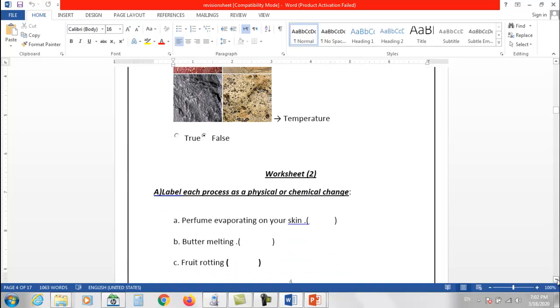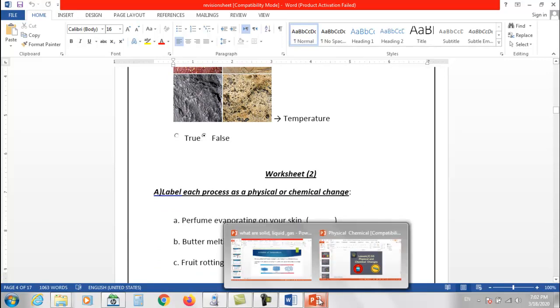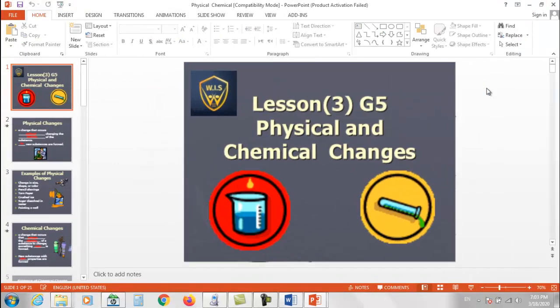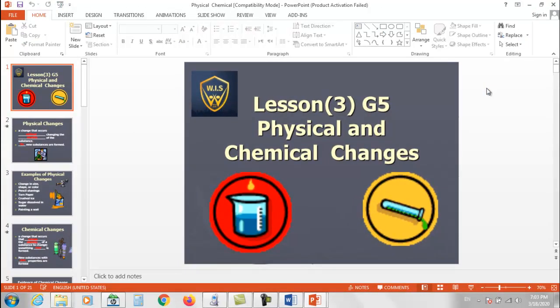Okay, let us solve worksheet 2. But before solving, we will make a revision about this lesson, physical and chemical change. In this lesson, we will make a comparison between the physical and chemical change, around the definition and examples for each one.